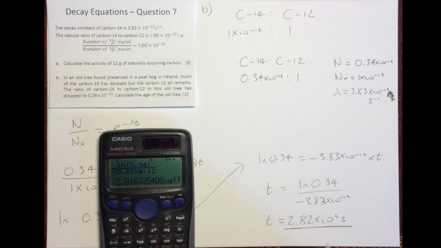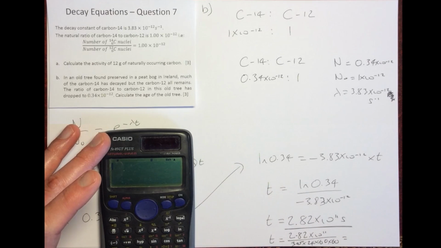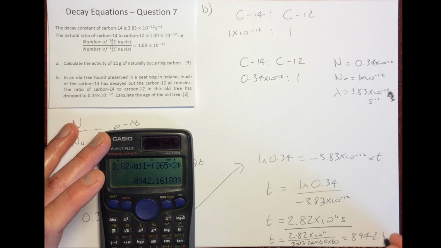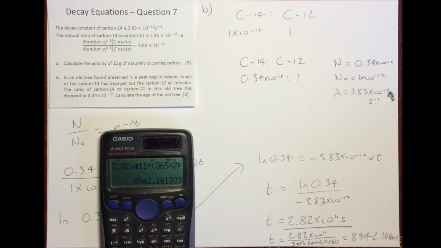Now you can convert that into years, obviously, so if you wanted to convert that into years, you would divide this by 365 times 24 times 60 times 60. 8942.16 years.